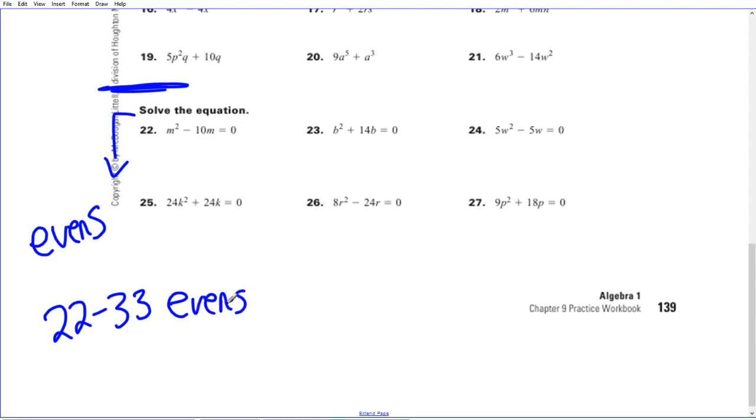And I'm going to have an assignment on Schoology. At the end of class, before you leave, I want you to submit what you have done. I only need this homework page, so you'll probably have what you worked on yesterday up to number 21, as well as this new stuff from 22 to 33 evens. By the end of class, I want that submitted.